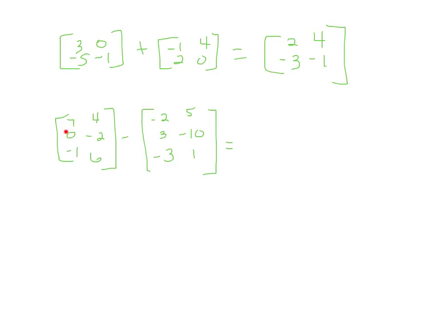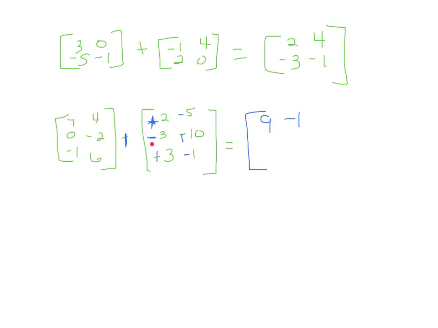So I'm going to take the 7 and add, oops, sorry, I've got to distribute the negative first. So now we're going to change every single sign in the second matrix. Whatever was positive becomes negative, and whatever was negative becomes positive. And now do what we were just getting ready to do. Add the 7 and the 2 together to get 9. Add the 4 and the -5 together to get -1.